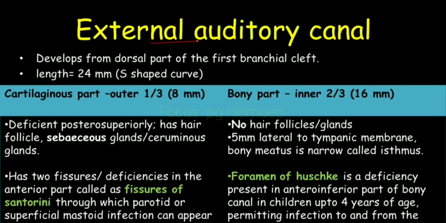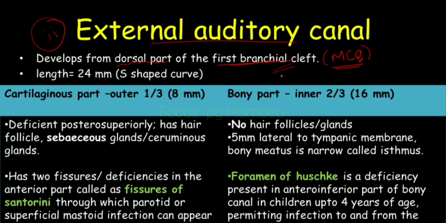That is the external auditory canal, the second part of external ear. It develops from the dorsal part of the first branchial cleft. From an embryology point of view, MCQs regarding the branchial cleft, branchial arches and aortic arch are very important.